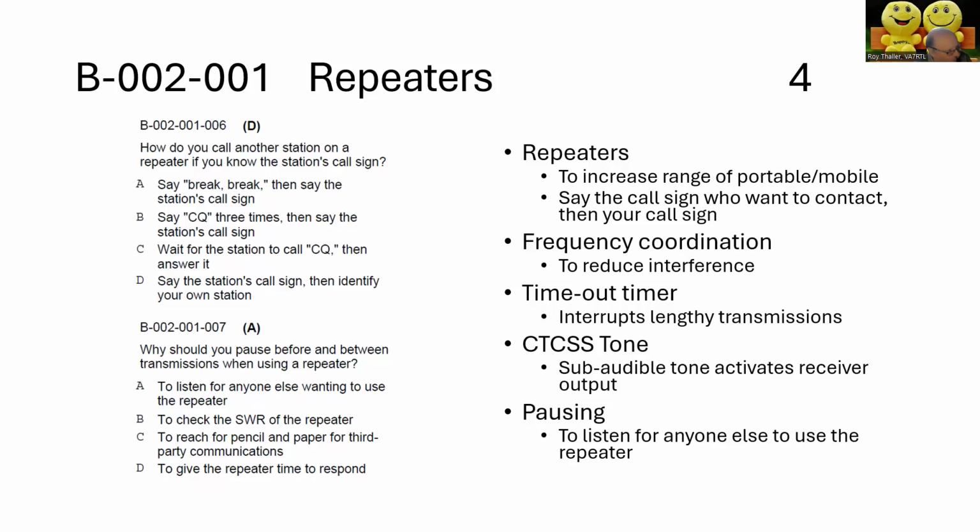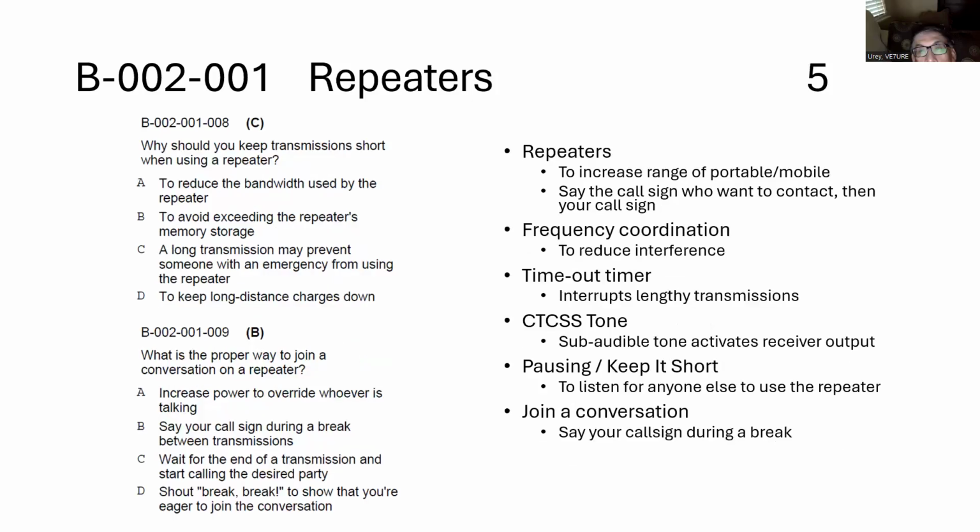So listen first, and then if it's not busy, then do your call. Well, it's also for breaks for priority traffic, break-ins due to priority traffic. I think there might be another, this comes up in another question.